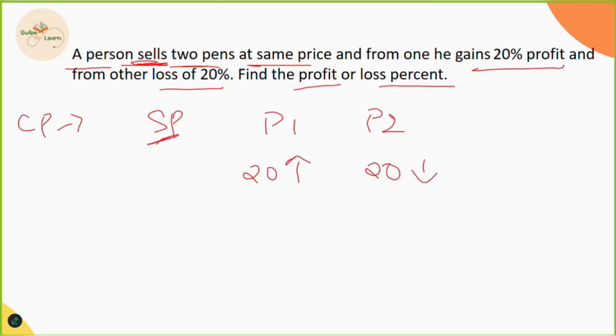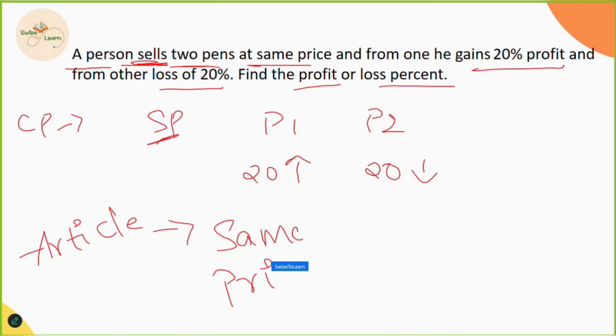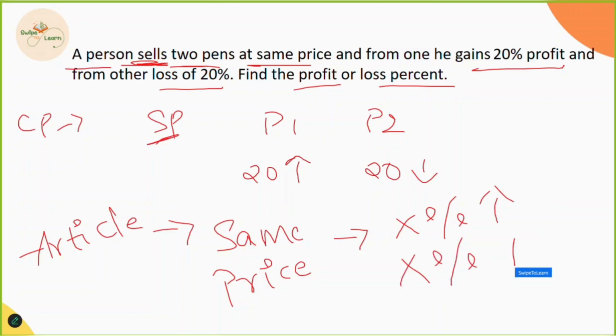See, whenever two articles are sold at the same price, with X% profit and X% loss, we say that there is a loss.